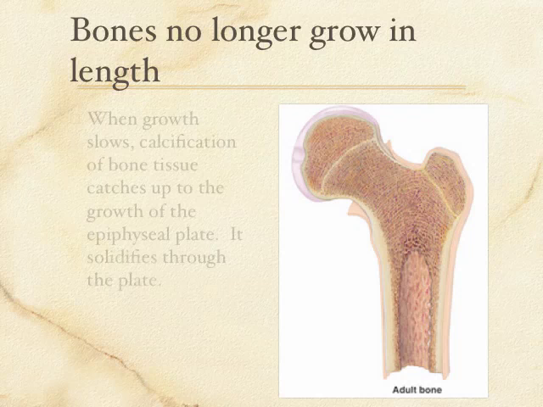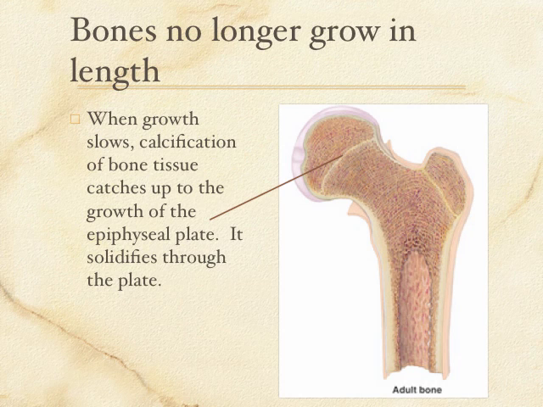You'll still see the remnant of what that was. You'll call it an epiphyseal line now, because if you cut open a bone, you can still find where that growth plate was. But because the bone is solidified now, the bone is no longer going to grow in length. All of us got to a certain height at a certain point, and we seemed to stop, and that was it. And this is the height we'll be for the rest of our lives.